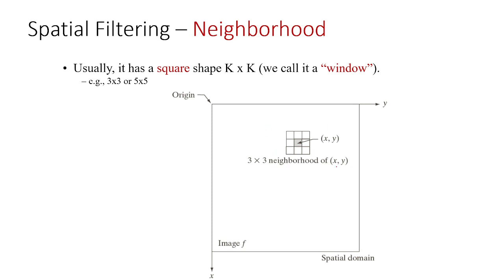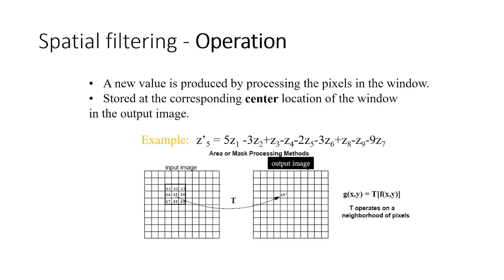It could also be like 5 by 5. M and n have to be odd numbers, like 3 by 3, 5 by 3. Then a new value is produced by processing that window of pixels.